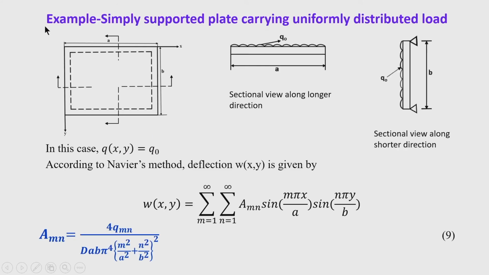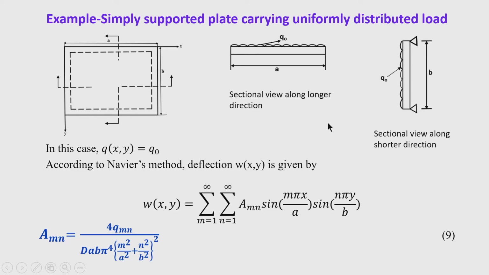Now, let us take an example of a simply supported plate carrying uniformly distributed load. So, this is a simply supported plate which carries uniformly distributed load. Now, you can see here the section is shown along the longer direction as well as along the shorter direction. There is the length direction, there is a, and in the shorter direction you can see this width b.